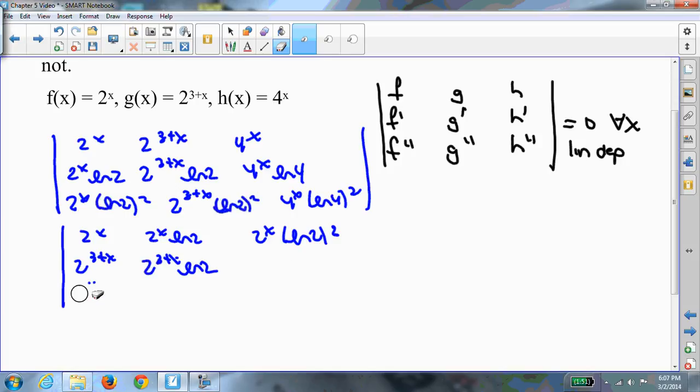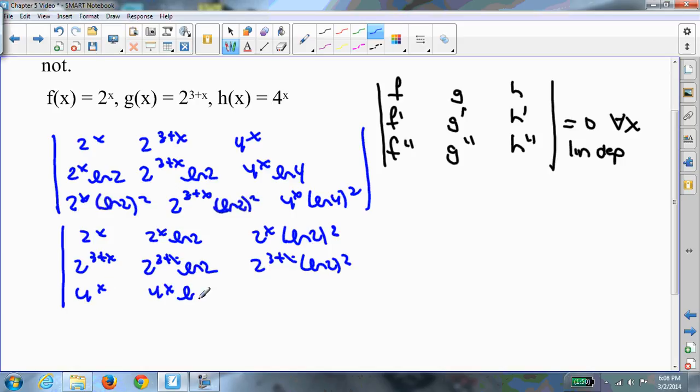I got carried away. Okay, so 2 to the 3 plus x ln of 2, this should be 2 to the 3 plus x, natural log of 2 squared. And then this is 4 to the x, 4 to the x natural log of 4, 4 to the x natural log of 4 squared.